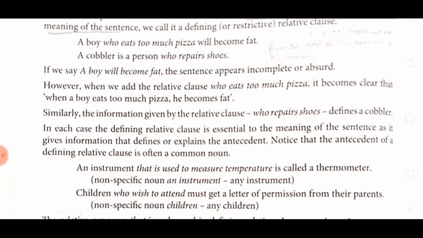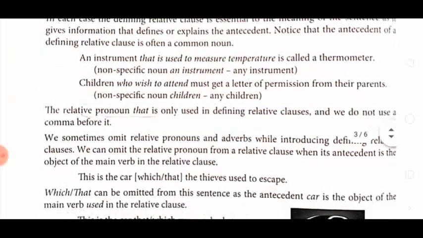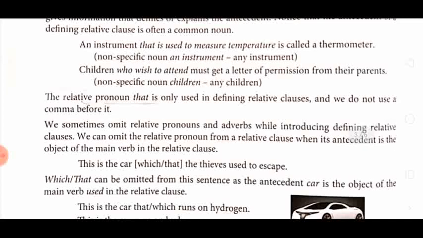An instrument that is used to measure temperature is called a thermometer. Now, a non-specific noun, an instrument that is used to measure temperature. Children who wish to attend must get a letter of permission from their parents. Again non-specific: children, any children. So they are of a common noun.